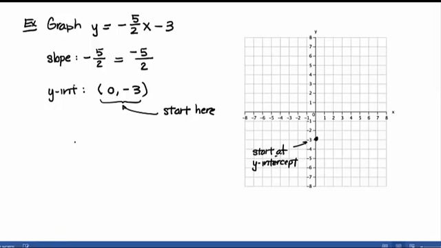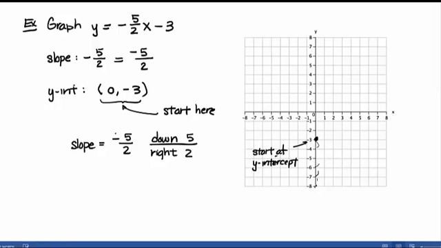So then I look at my slope. My slope is -5/2. So this means from that point, I move down 5 because it's negative, and then I move to the right 2. So from this point, I move down 5: 1, 2, 3, 4, 5.